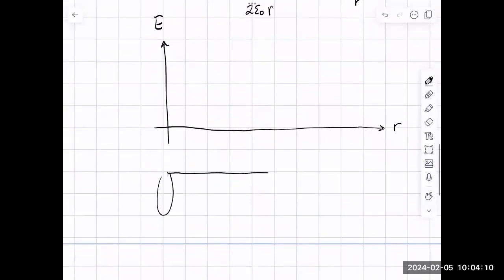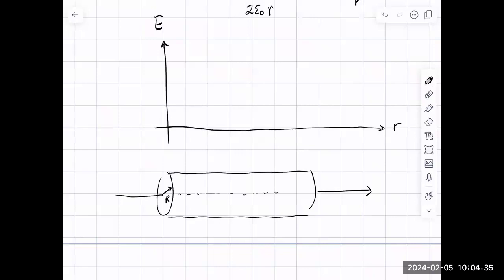So if we draw our charged cylinder, this is what it looked like. This is just a section of that cylinder. So we imagine it was very long, so it continues in both the positive and negative directions. This is the radius of our charged cylinder, capital R. And then if this is our cylindrical axis, we're thinking about points.